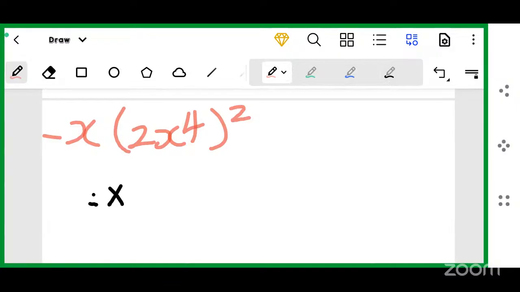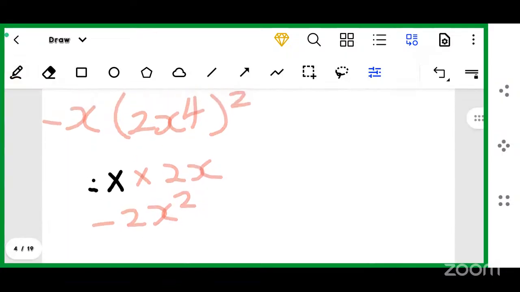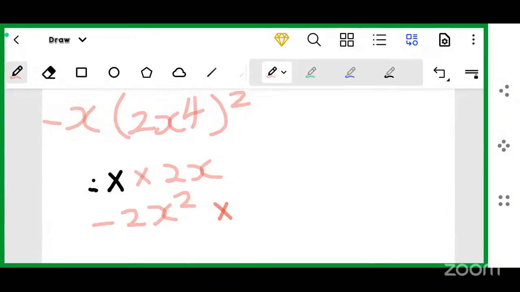So we're going to say negative x times 2x, which equals negative 2x to the power of 2, and then negative 2x to the power of 2 times 2, times to the power of 2, as if exponent.